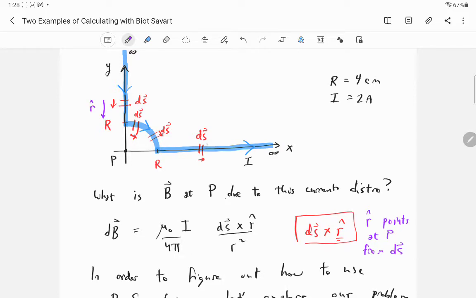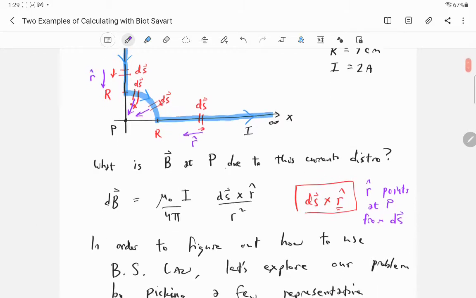The way you get from this segment right over here to the origin is you go that way. You have to go towards the negative x-axis from this segment. From this segment, you have to go towards the negative y-axis to get back to P. But from this segment that's along the circular arc, r hat is that way. And from this segment, which is further along the circular arc, r hat is that way.